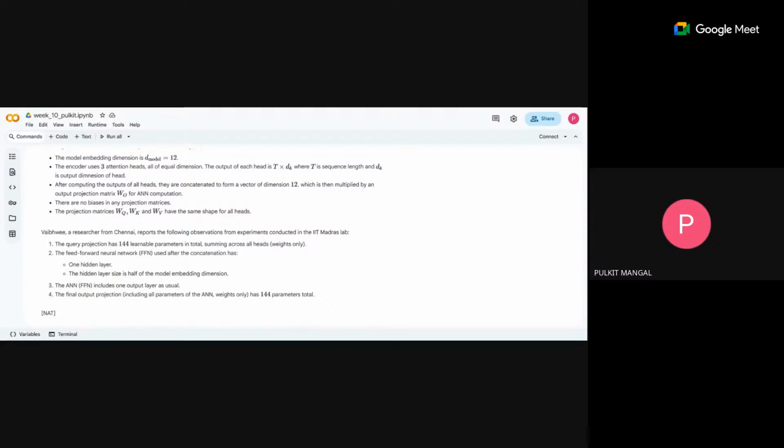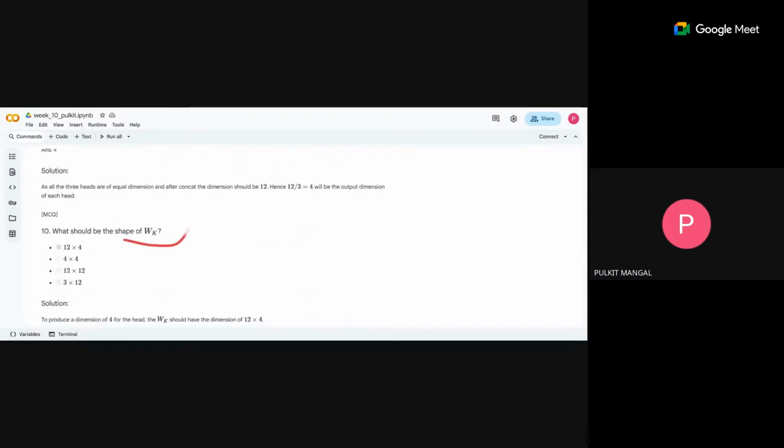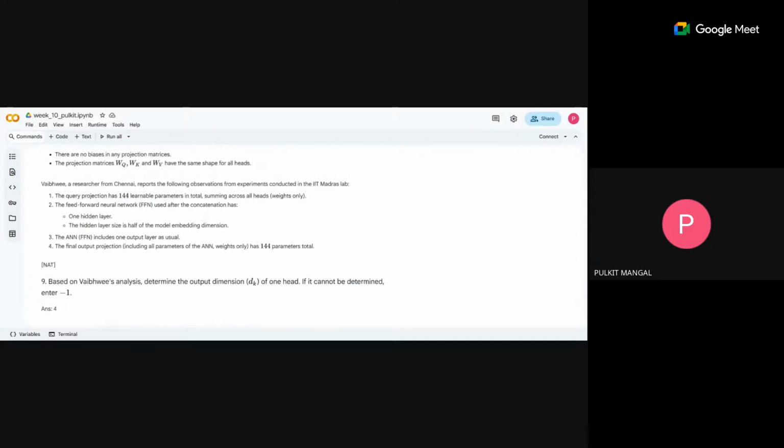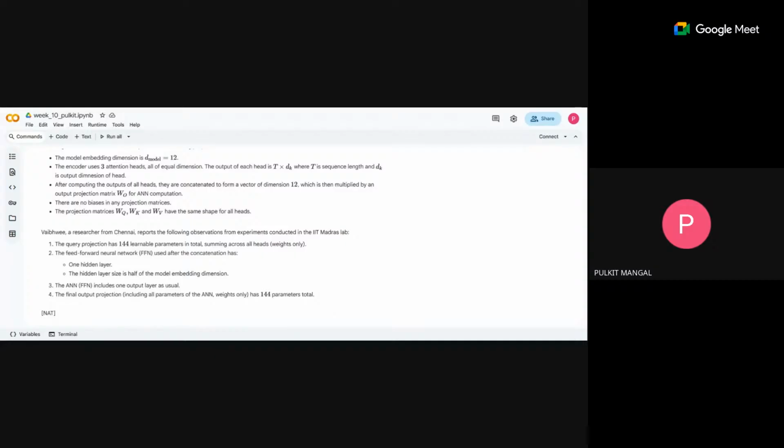Using this, you have to figure out the shape and size of WQ, WK and the total number of parameters. We have already figured out the size of WQ, WK, WV. Now what should be the size of the output projection for this ANN?